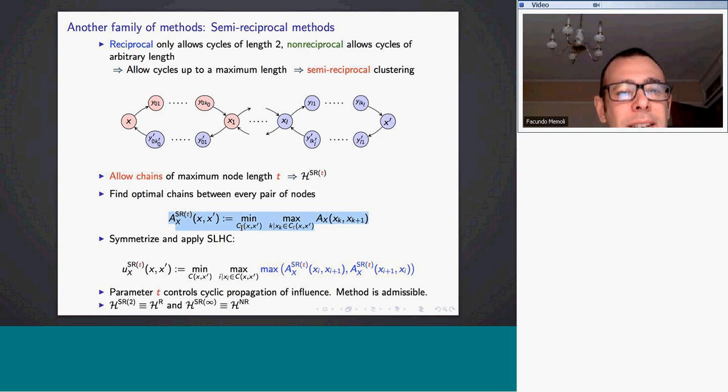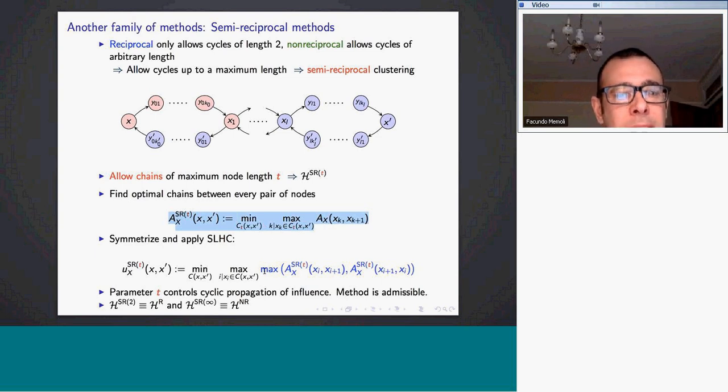Here C sub t means the collection of all chains joining x and x prime, but with length at most t. Then we do a construction similar to the one for single linkage that I showed for the constrained chains. We look at the dissimilarity between any two consecutive points on that chain, minimizing over the chains with at most t points.